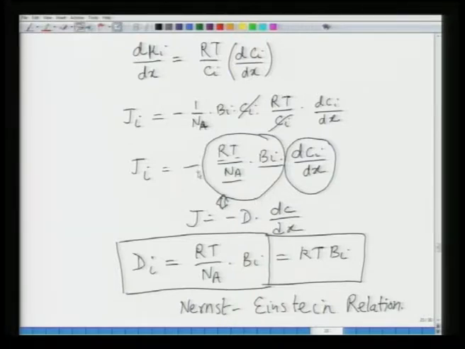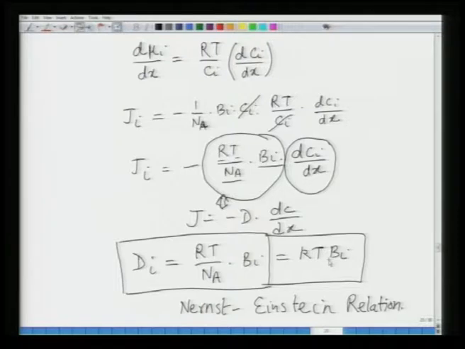This expression worked out using the mobility model, or Einstein's model, is compared with Fick's first law, which is J equal to minus D dC by dx, and then you get the diffusivity of species i as D_i equal to RT by N_a into B_i, where R is the gas constant, T is the temperature, N_a is Avogadro's number, and B_i is the absolute mobility of species i.